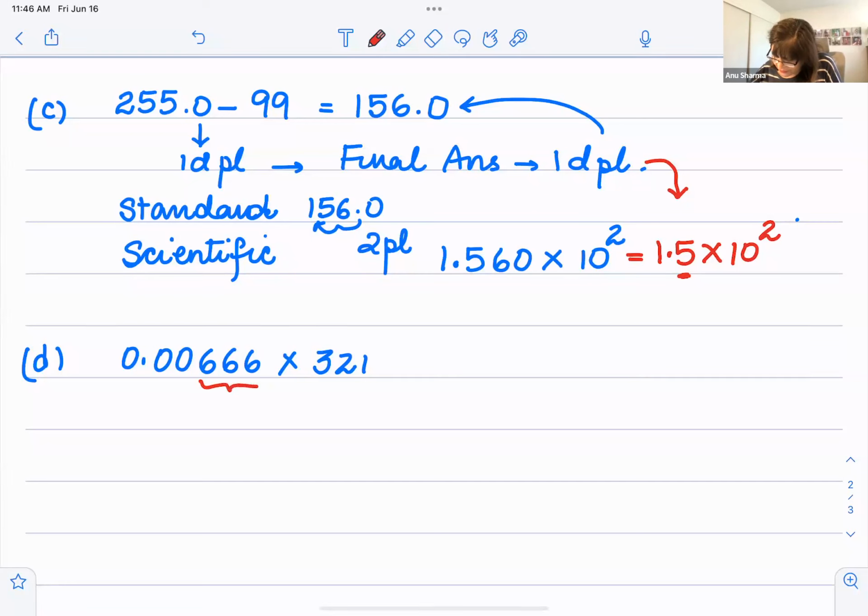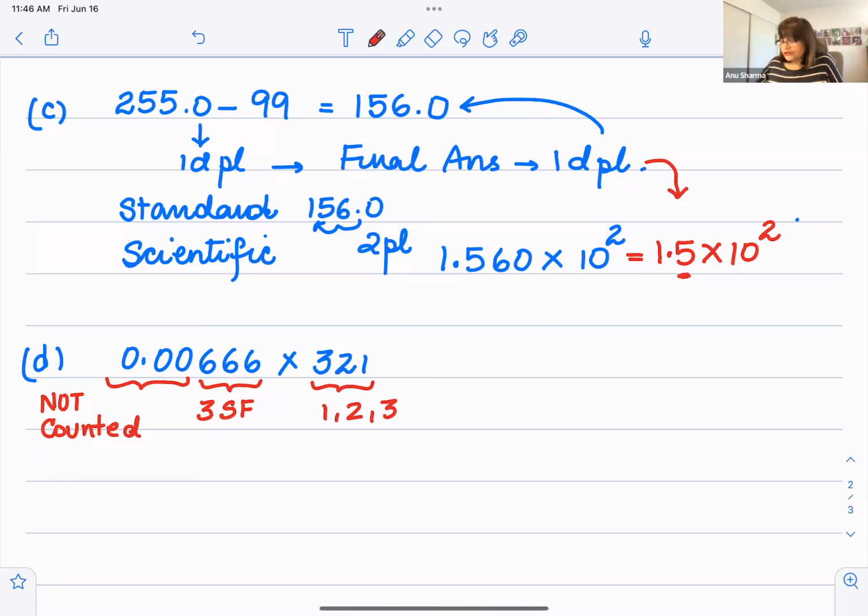These leading zeros are dropped, not counted, but these are three significant figures. The exact numbers are variable. It can be 1, it can be 2, it can be 3 significant figures. Do you guys understand how they are variable? Because they can be written in scientific notation.